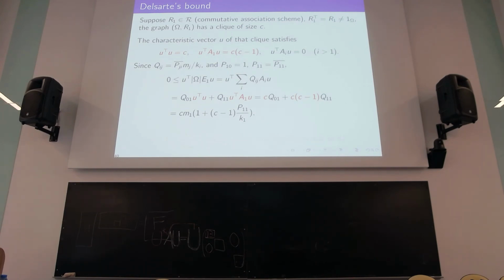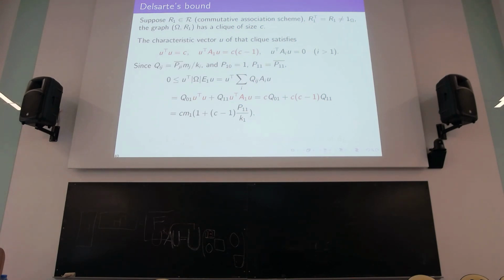You write this E_1 as a linear combination of adjacency matrices, but you lose almost all terms because this is 0 except for i equals 0, 1. So you just have two terms in this sum, the 0th term and the first term. The 0th term is just C. The first term is C times C minus 1.